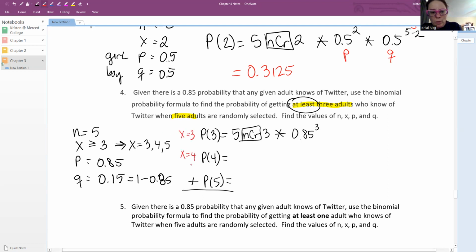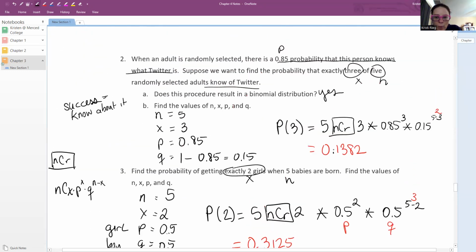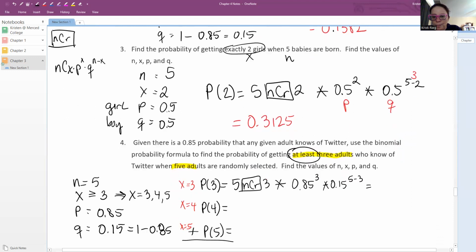This one's X equals 4, and that's X equals 5. That's what the 3, 4, 5 mean in the parentheses. Okay, so 0.85 to the X, and then 0.15 to the N minus X. And this answer, we already did this problem, 0.138.